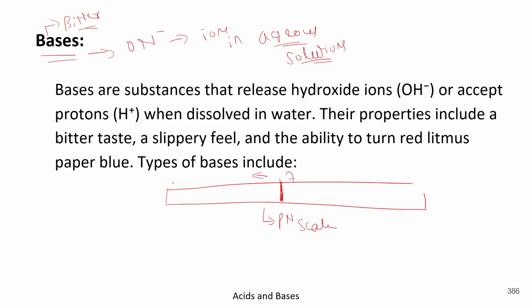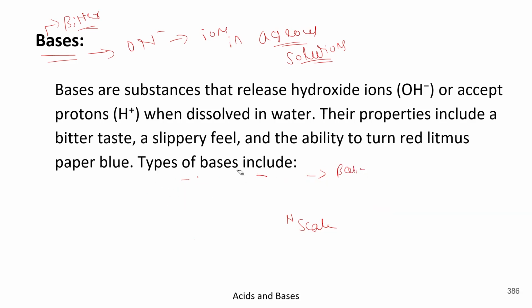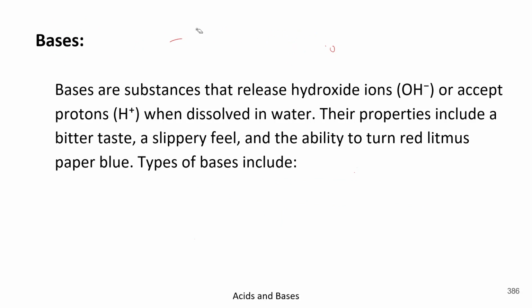So if anything is below 7, it will be acidic. If anything is above 7, it will be basic. Okay, so we had discussed these things, right? So today in this lecture we are going to discuss some other base phenomena. Okay, so let's start.